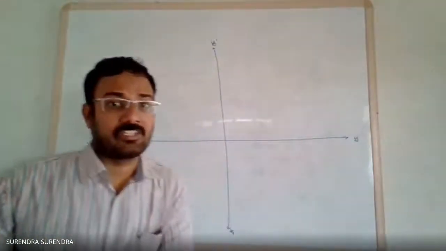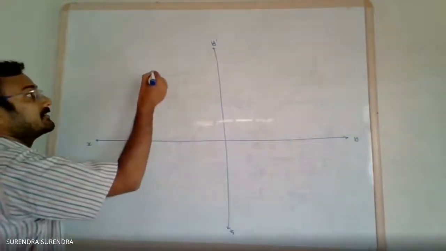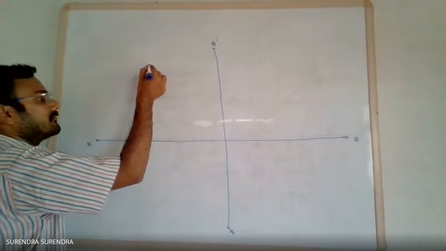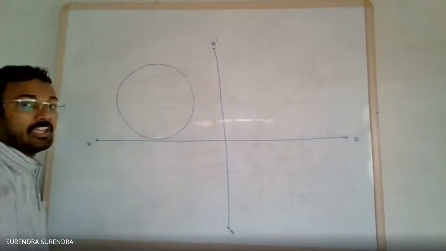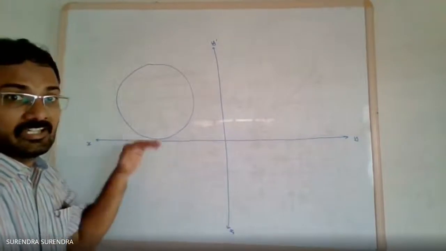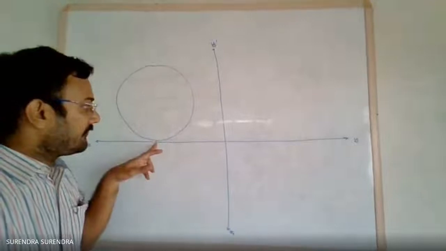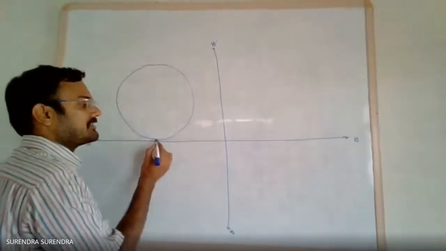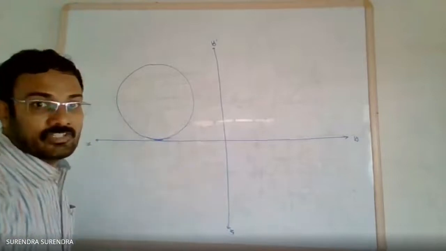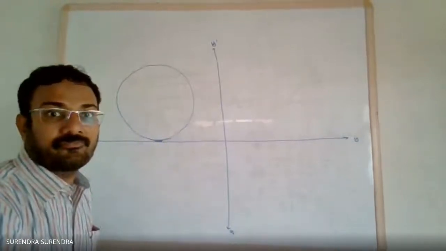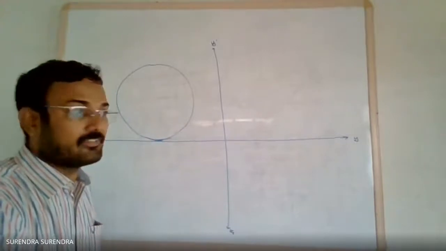First, draw the initial view. Draw the circle here with one diameter point on x1, such that the surface is touching and passing through the x1 line.